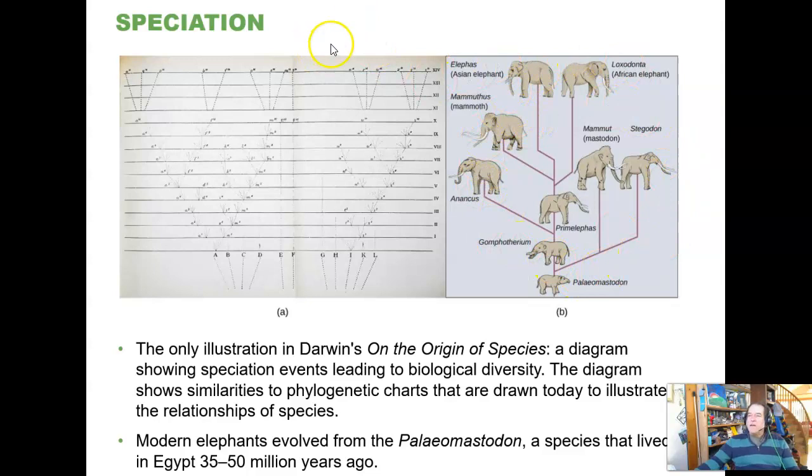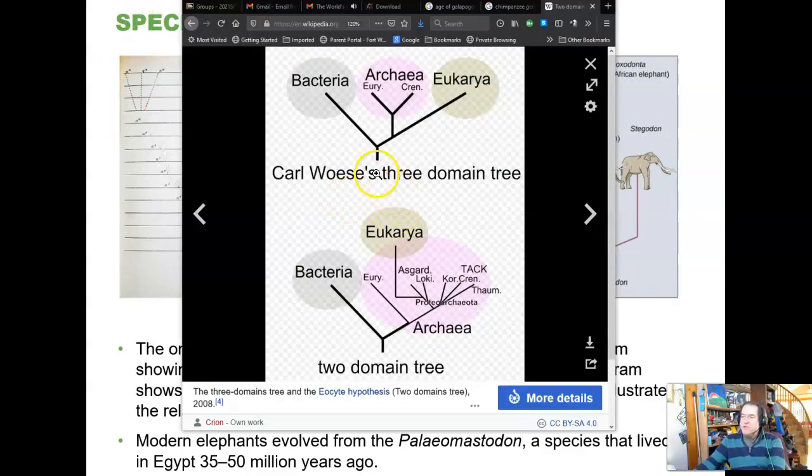Okay, I'll give you an example here and then come back to this. So here's an example that you should already know from Biology 1406. You know that we now broadly understand that life on Earth consists of three different domains. So here's two different hypotheses right here, the three-domain hypothesis and the two-domain hypothesis. Both of these have a lot of similarity in them.